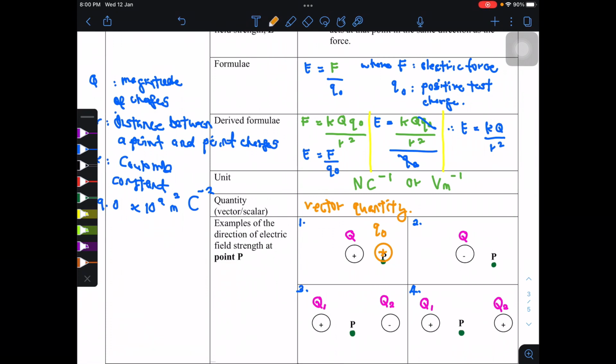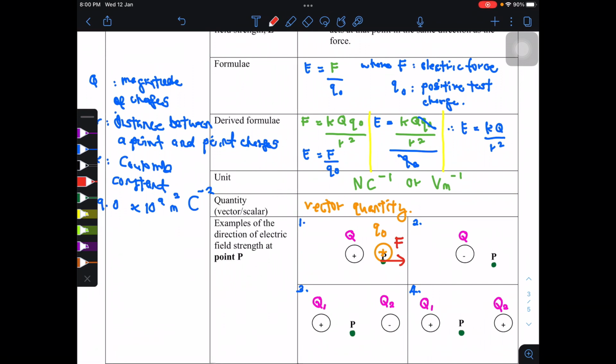So we can show the direction of the repulsive force on the test charge, and the direction is to the right. We can label here, this is our force F acting on the test charge.